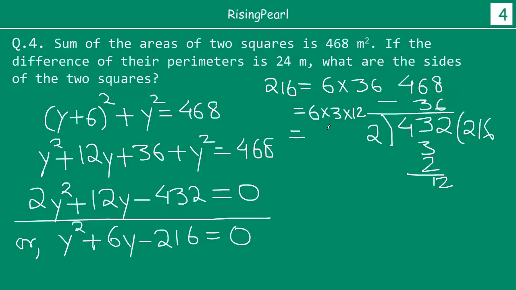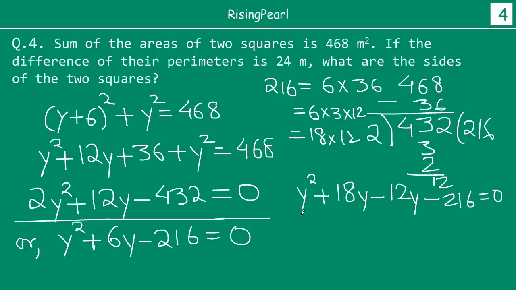So if you look at it here, we have 18, 6 3s are 18 and 12. So this will actually work because we have 18 and 12, we can get 6. So that means we are going to write it this way. So y squared, plus 6. So the 18 will be the plus 18y minus 12y minus 216 equals 0.